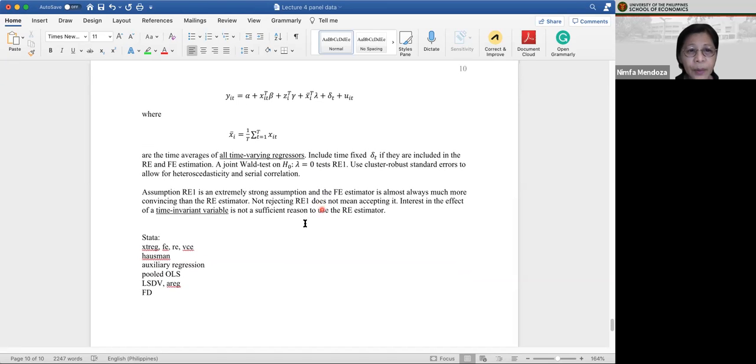Note that RE1 is an extremely strong assumption, and the FE estimator is almost always much more convincing than the RE estimator. However, not rejecting RE1 does not mean accepting it. Interest in the effect of the time invariant variable is not a sufficient reason to use the RE estimator.